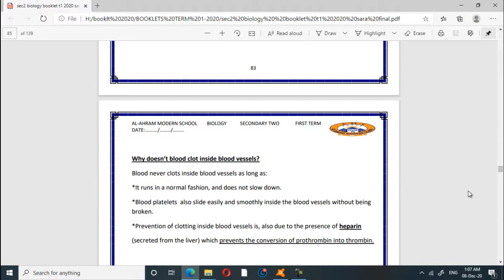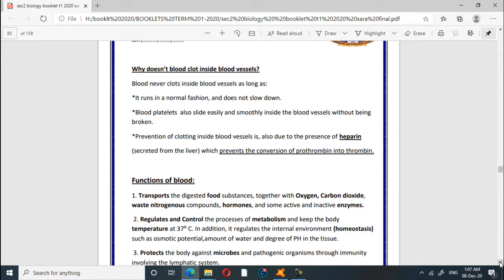So why doesn't the blood clot inside the blood vessels? As the blood moves smoothly and slowly inside the blood vessels, it will not clot. And there is a substance secreted from the liver called heparin, which prevents the conversion of prothrombin into thrombin, so the blood clot mechanism will not be completed.